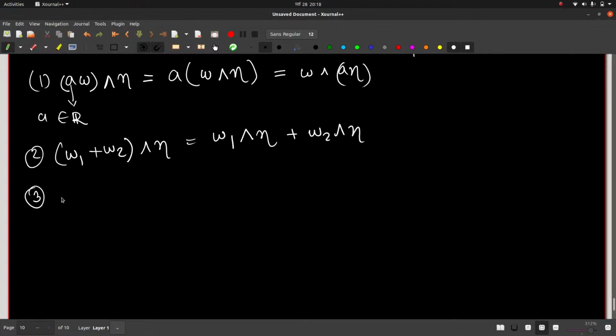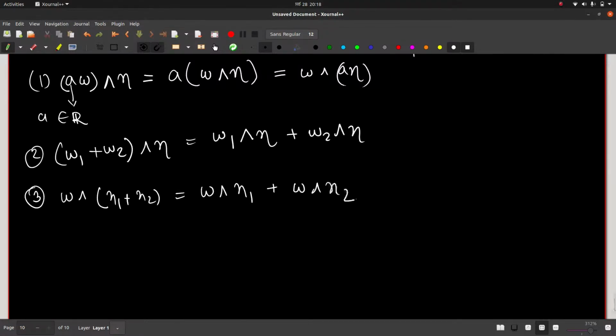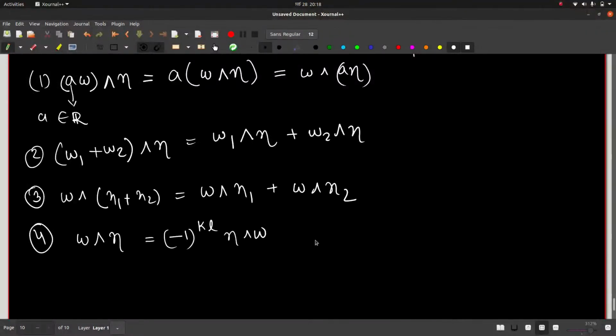The third property is that omega wedged with eta 1 plus eta 2 will give you omega wedged with eta 1 plus omega wedged with eta 2. And the fourth one is that omega wedged with eta is equal to minus 1 to the power k times L, eta wedged with omega.